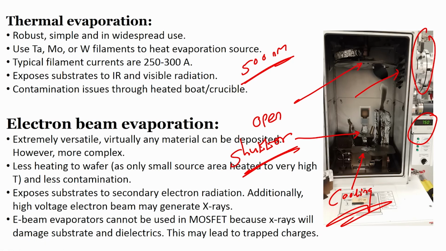There is a crystal over here which is called quartz crystal microbalance, used to understand how much deposition has been done, alright. Quartz has a property which is called piezoelectric property. That means, when we apply pressure, there is a change in voltage. We can use this property to understand the thickness of the film, and when the thickness is reached, we can program the system such that the shutter will get closed.